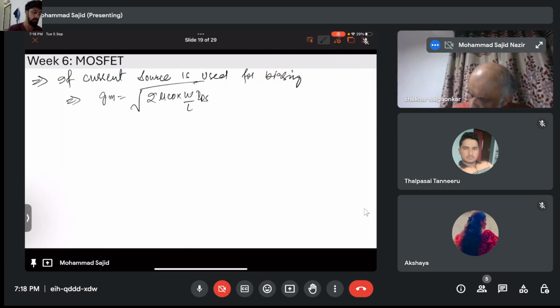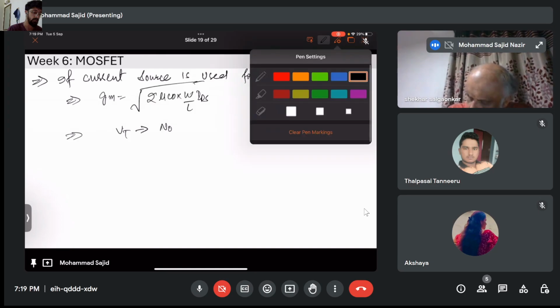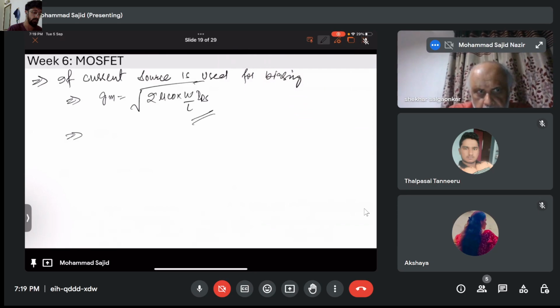Now, here IDS is used to bias the circuit. In the earlier case VGS was constant, in this case IDS is constant because IDS is used to bias the circuit. Even though there is some change in VT, there is no VT term in this equation. So delta GM by GM naught is 0 for VT change.